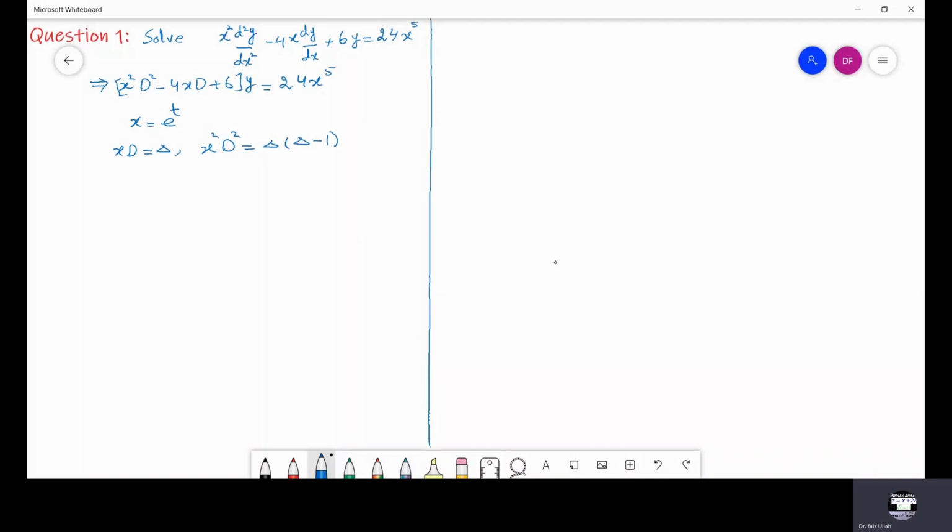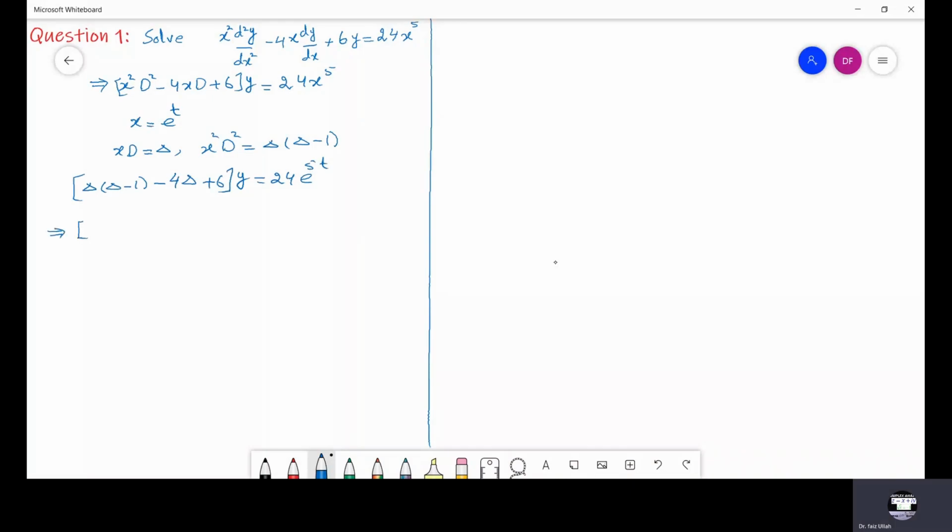So we can obtain (Δ(Δ minus 1) minus 4Δ plus 6) y is equal to 24, and x⁵ can be written as e⁵ᵗ. Let us simplify this.